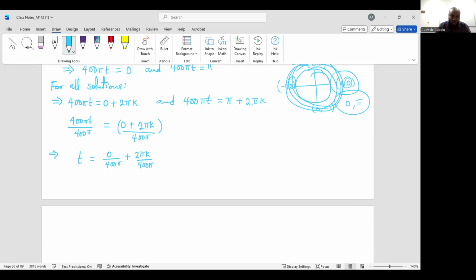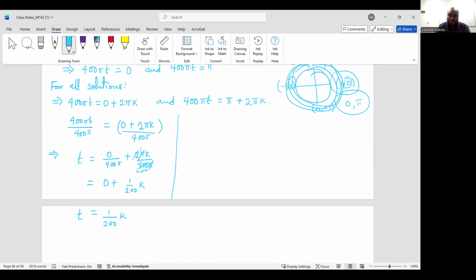You don't have to do it gradually as I'm doing. This is just for explanation's sake. So this is 0 plus pi, we take care of pi, 2 here 1, 2 here 200. So that is 1 over 200k. That is the first time when it will be at equilibrium.